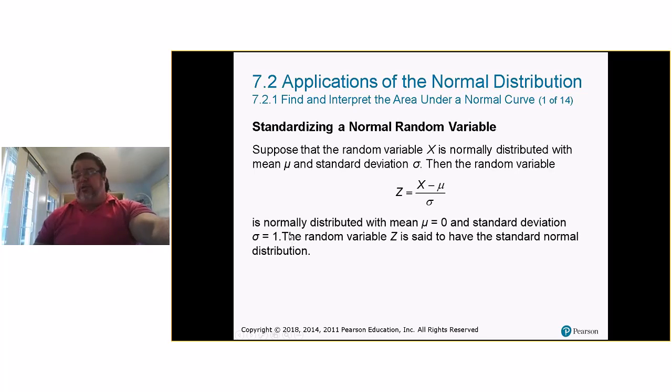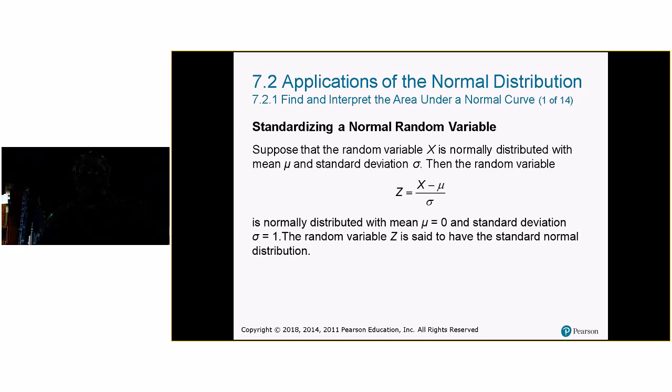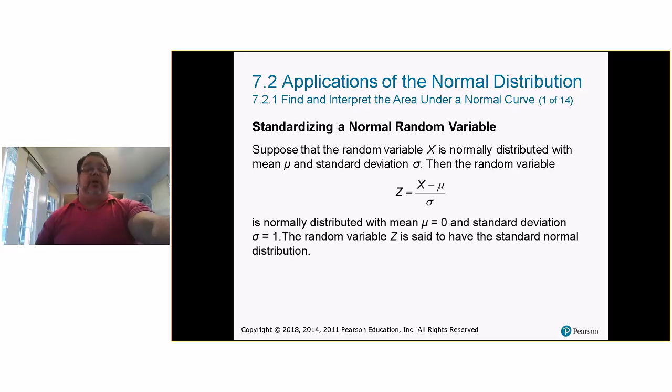Remember me telling y'all a long time ago to go to Google and type in normal curve with z-scores and put it on the word processor and print out like 10 copies? This is where you're going to be drawing the curve over and over and over and over. So you might want to use those, okay?